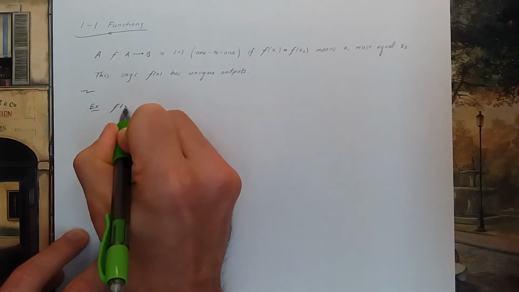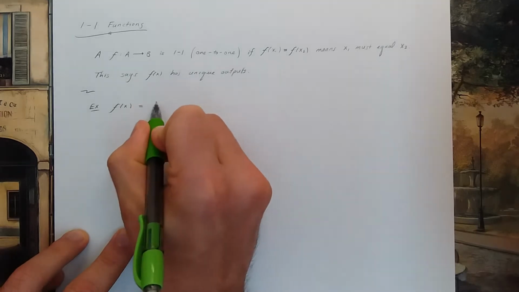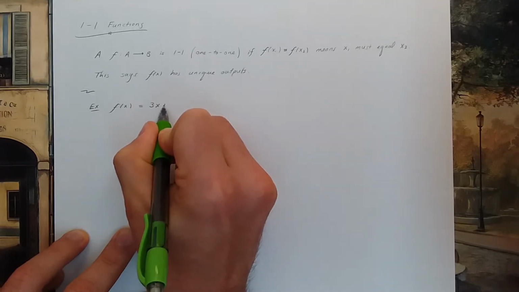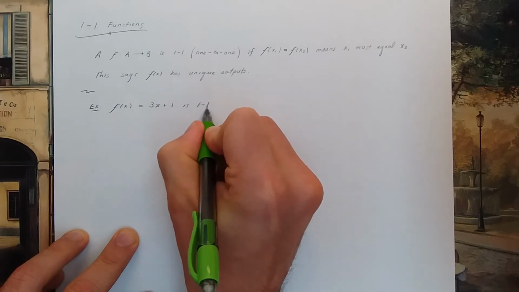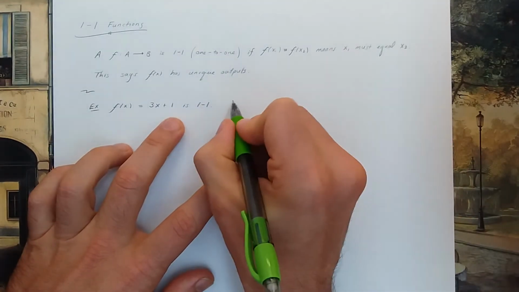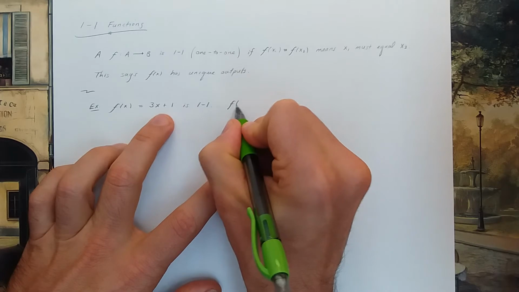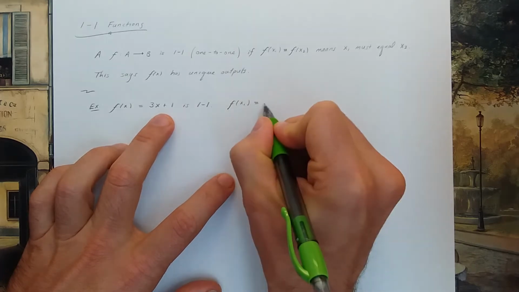So the function f(x) = 3x + 1 is one-to-one. How can we tell? Let's suppose that f(x1) equals f(x2).